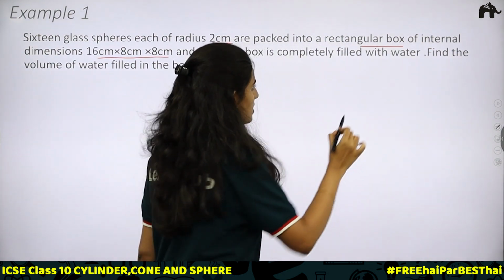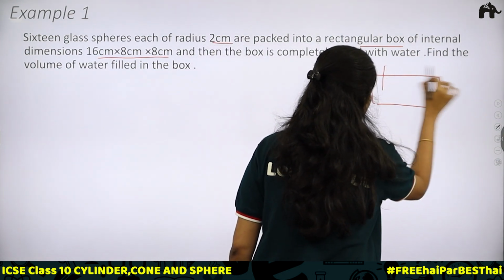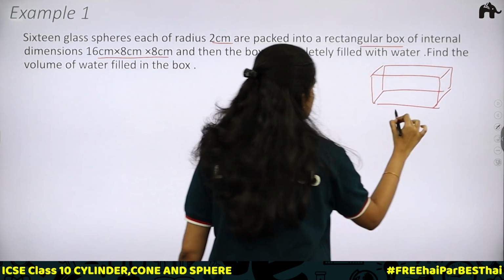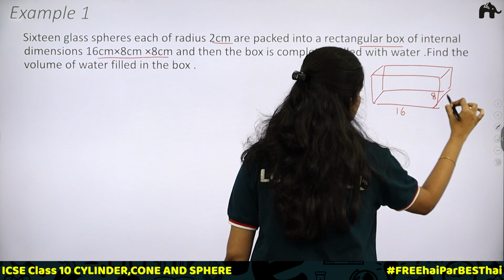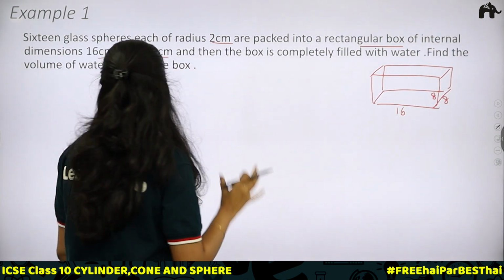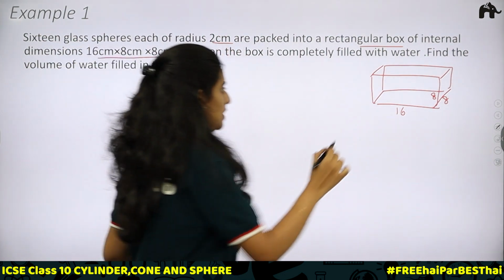Here we have a box, a rectangular box, which means a cuboid. This is a rectangular box whose dimensions are given 16, 8, 8. Then this rectangular box is filled with 16 glass spheres, each of radius 2 cm.